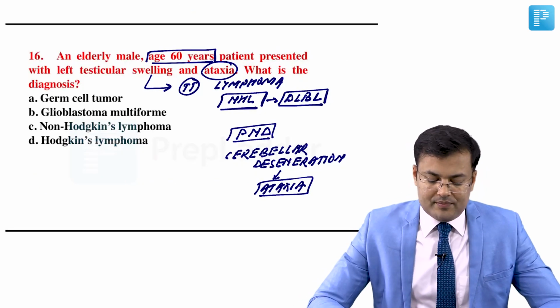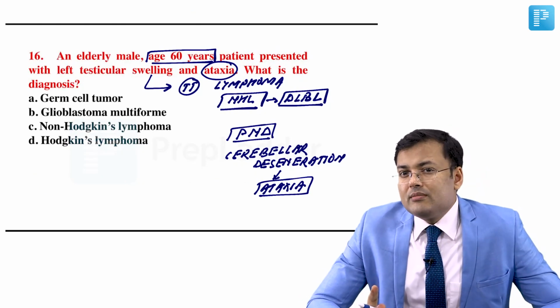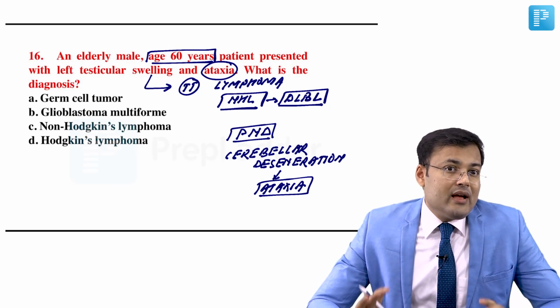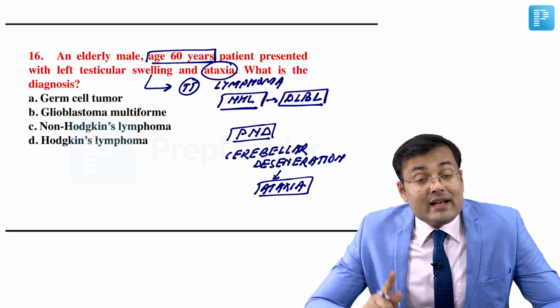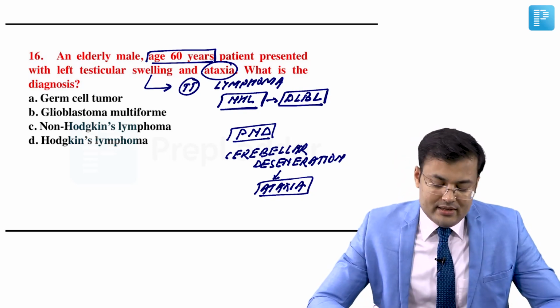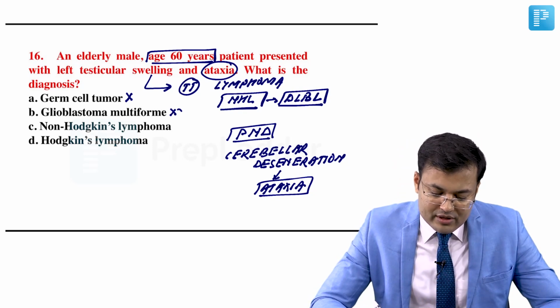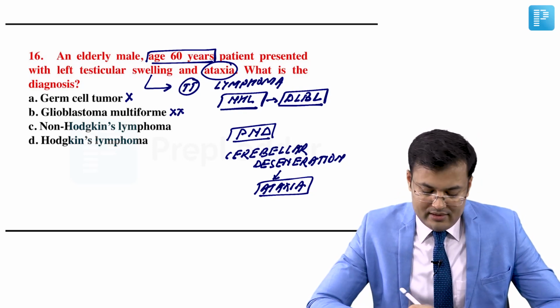If you see the options, germ cell tumor is relatively uncommon in elderly patients, and germ cell tumors are rarely responsible for cerebellar degeneration. Clear? Glioblastoma multiforme cannot explain the testicular swelling.